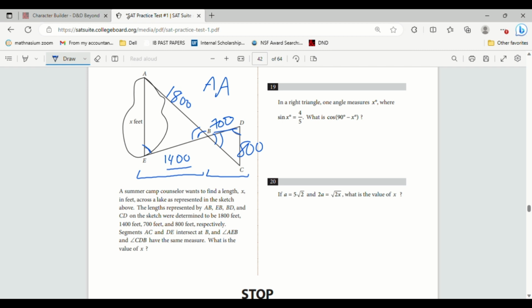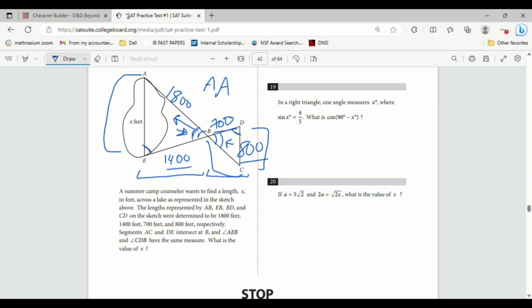Well, because we pointed out our vertical angles right here are what open up to this side, and they also see how this angle here is pointing towards this side. That means that AE is proportional to DC.